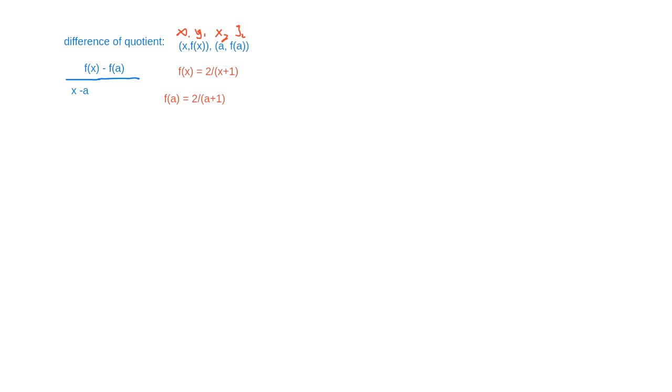Okay, so now let's put it into this formula. So this formula we have f of x, which is 2 divided by x plus 1 minus 2 divided by a plus 1. Does this make sense? This is the f of x. This is the f of a. Then this divided by x minus a.